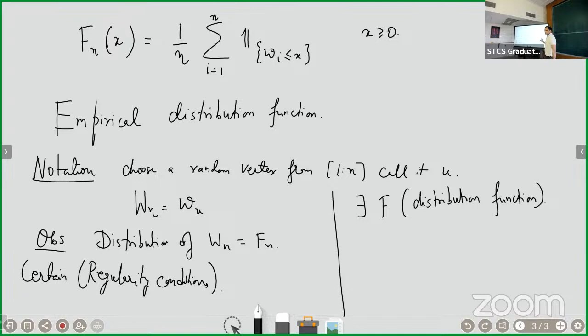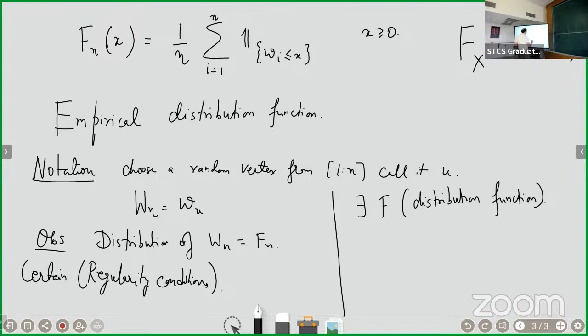You understand the usual properties of a distribution: it goes to 1 as little x goes to infinity, is non-negative, increasing, and RCLL, right continuous with left limits. So that's all I'm asking, that there exists an F which is a distribution function, meaning it satisfies all this.